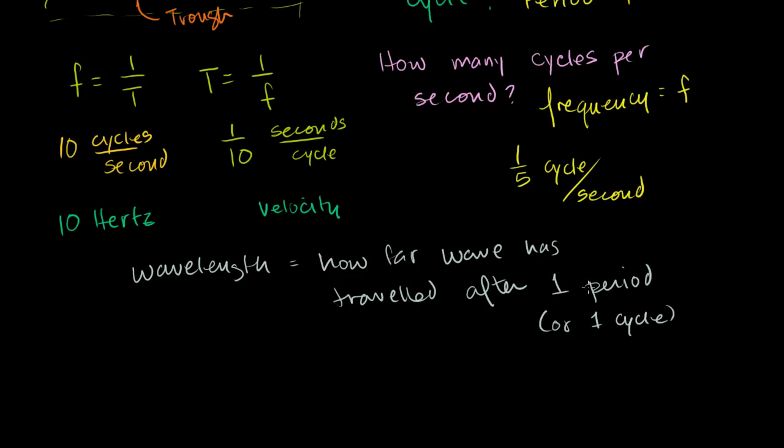Because remember, a period is how long it takes to complete one cycle, one complete up, down, and back again. So if we know how far we've traveled, and we know how long it took us, one period, how can we figure out the velocity?